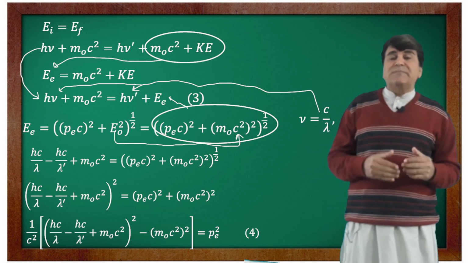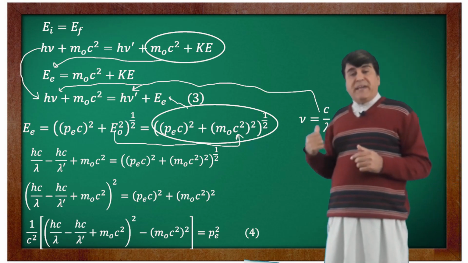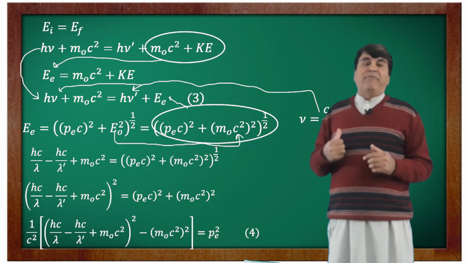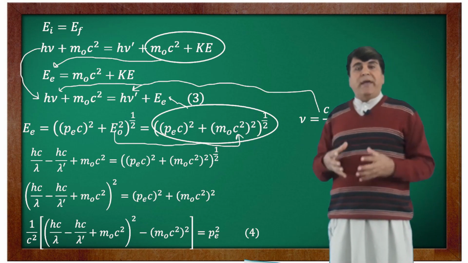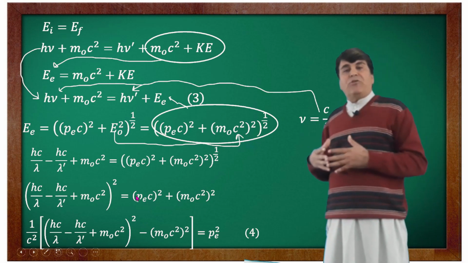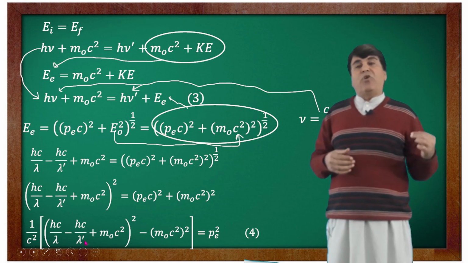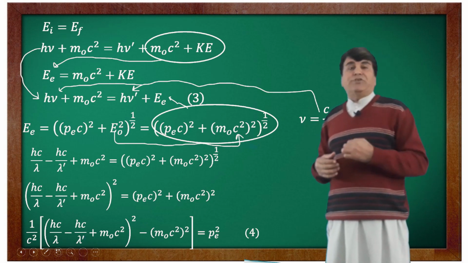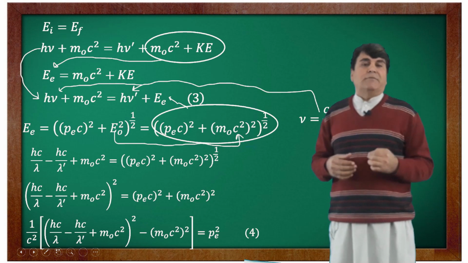And I denote this by equation 4, which gives me the square of the momentum of electron in terms of the wavelength of incident radiation or incident photon.